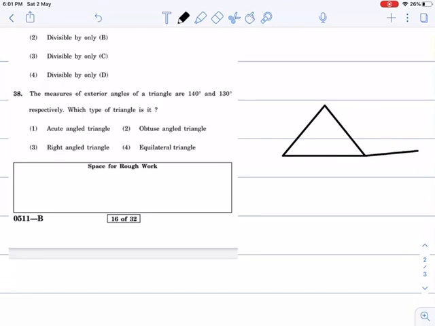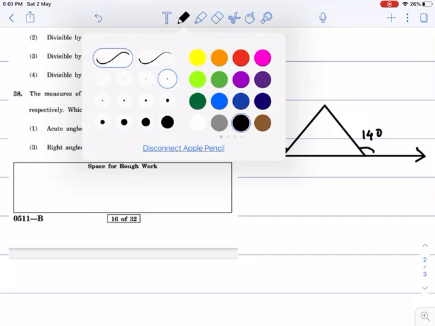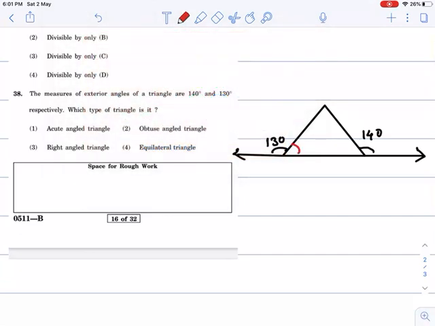One exterior angle is equal to 140 degrees, and another is 130 degrees. So immediately you can find the interior angles here.